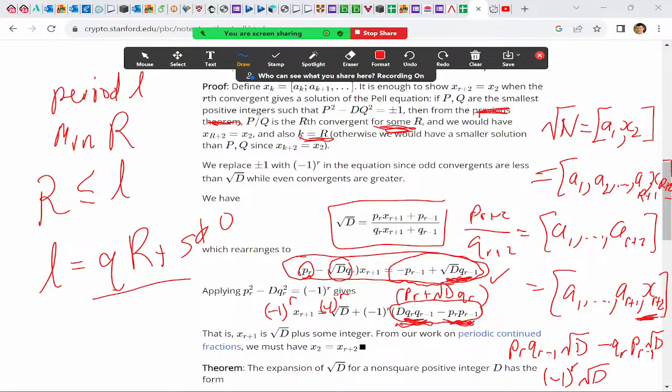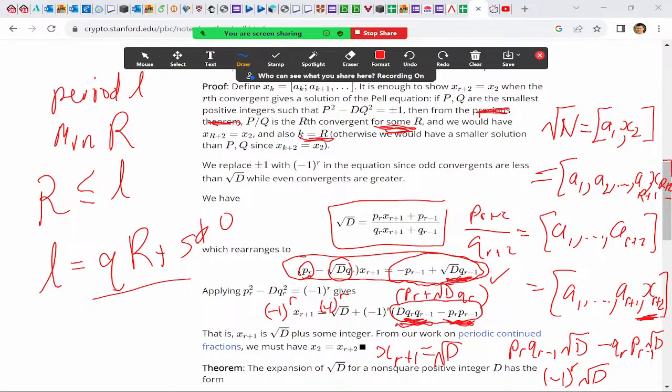Okay, and then when you times both sides by minus 1 to the R, yeah? And then you get x to the R plus 1 equals root D, and I guess it's plus some integer, right.